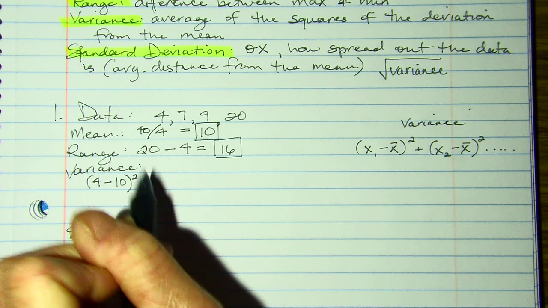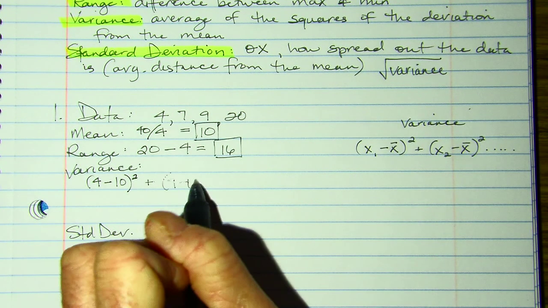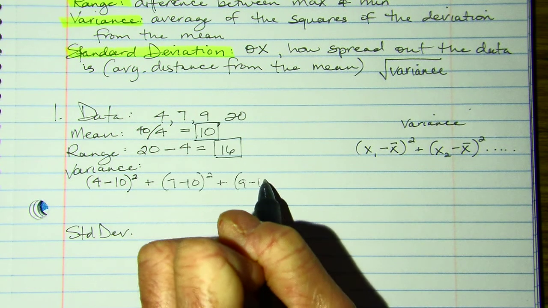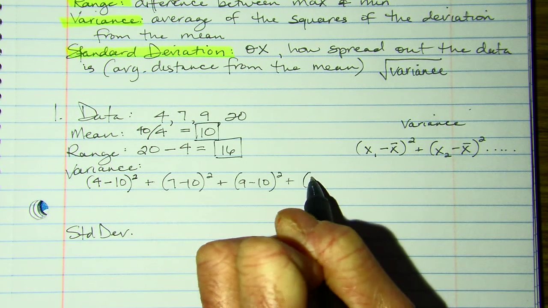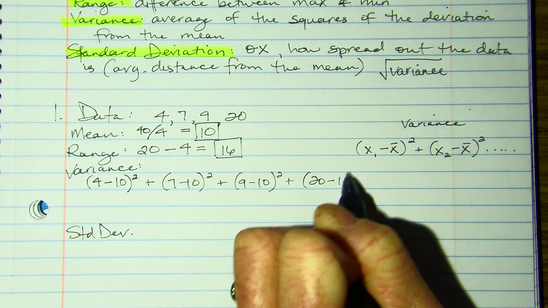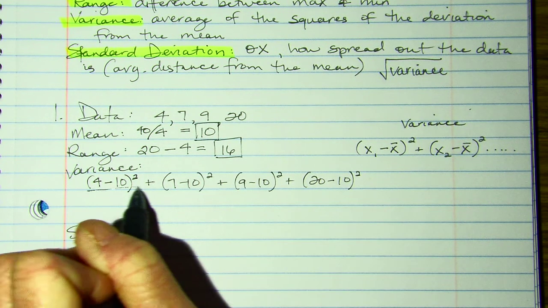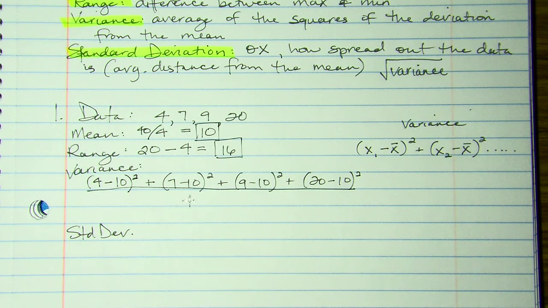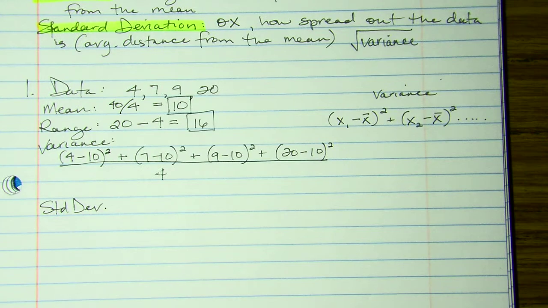So my next data point is 7. So 7 minus the mean squared plus the next data point minus your mean squared plus the next data point minus your mean squared, divided by the number of data points you have.